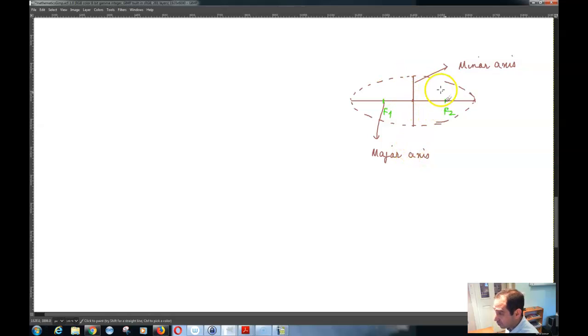And you do know that basically an ellipse is symmetric. If you imagine that you have your ellipse in an xy plane, for example, this is the x-axis and this is the y-axis.